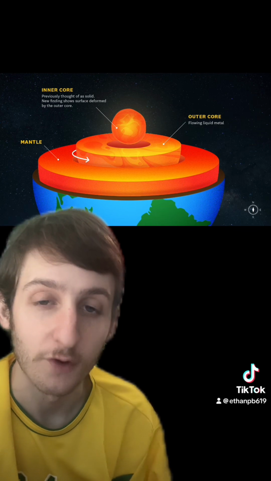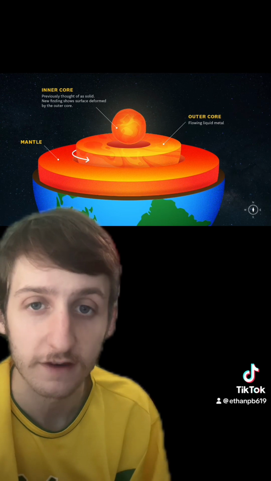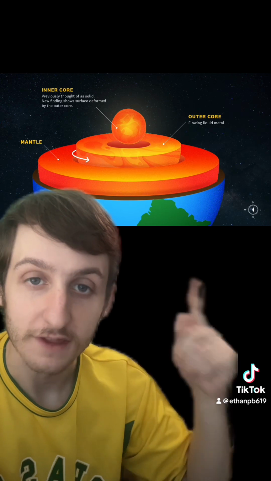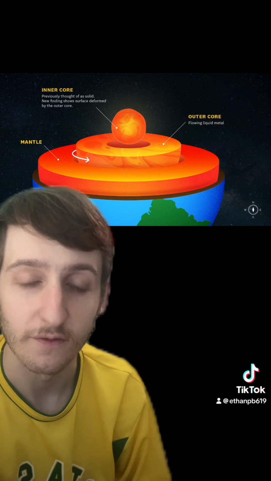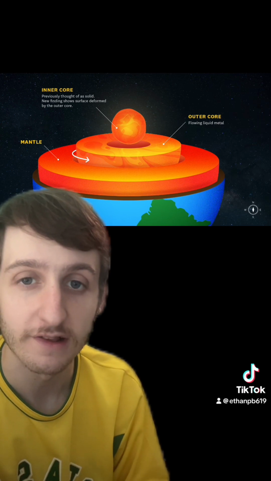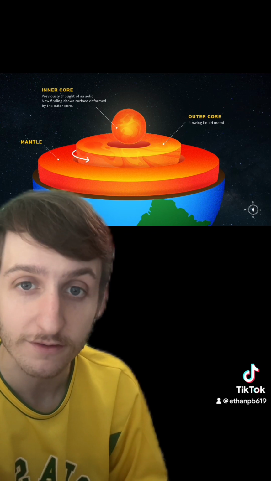Despite having a radius of only about 750 miles, the metals found in Earth's inner core are in a solid state of matter due to the intense amount of pressure. Combined together, the outer core and the inner core have a radius of about 2,160 miles, making it larger than some celestial objects in our solar system such as Mercury, the Moon, and even Mars.